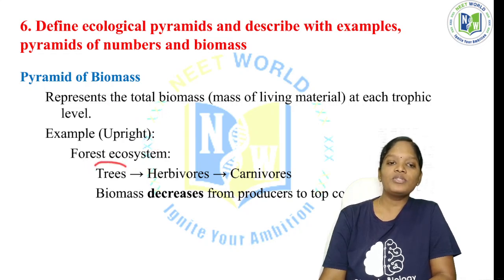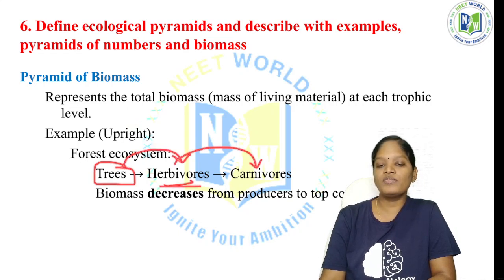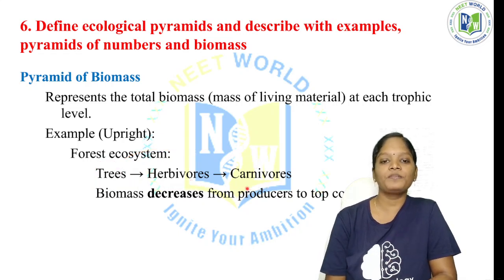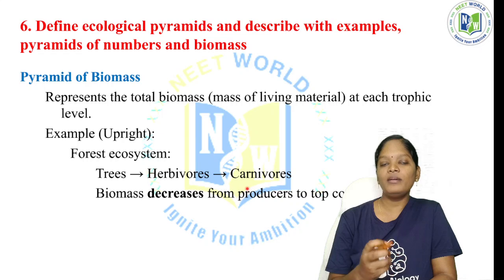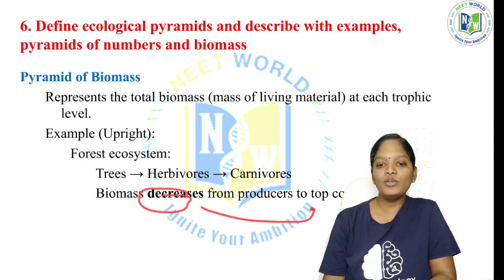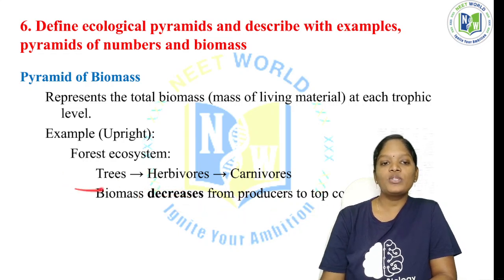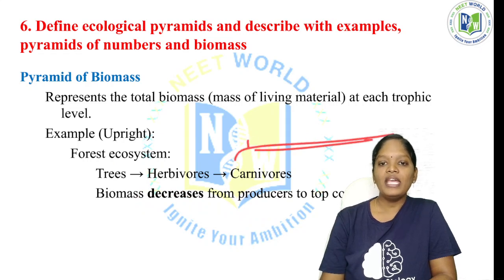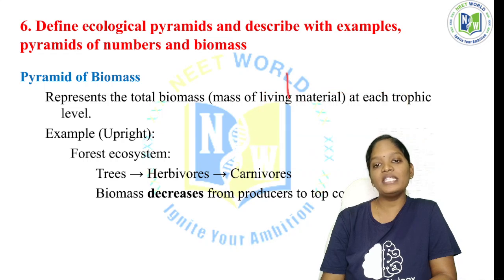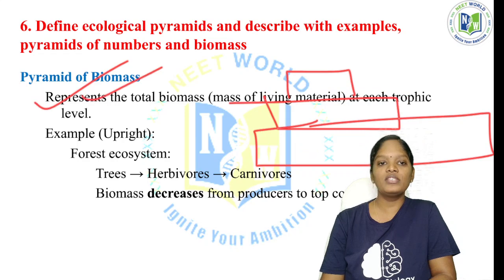In the forest ecosystem, there will be many trees and there will be herbivores, where biomass means weight. When compared to the biomass of the trees, the carnivore biomass will be much lower. Biomass decreases from the producers to the top consumers. There will be more trees, fewer herbivores when compared to trees, and fewer carnivores when compared to herbivores. So this is the pyramid of biomass.